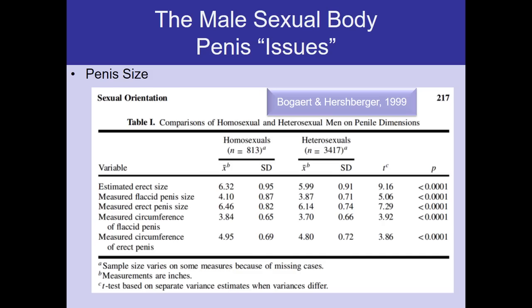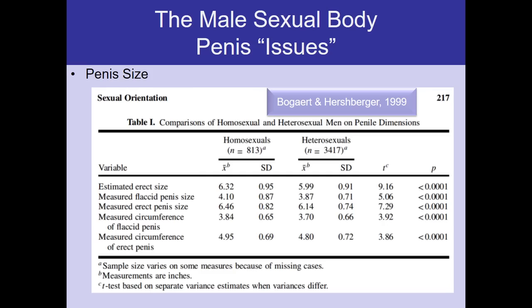So we've got homosexuals on the left and heterosexuals on the right. The mean is on the left column under each group, and then the standard deviation is in the right column. So that's telling us how variable the group was, how widely dispersed. And then we've got the T column, which is going to be comparing the two groups, and then the P is showing us how significant the T was. Okay, so we've got estimated erect size.